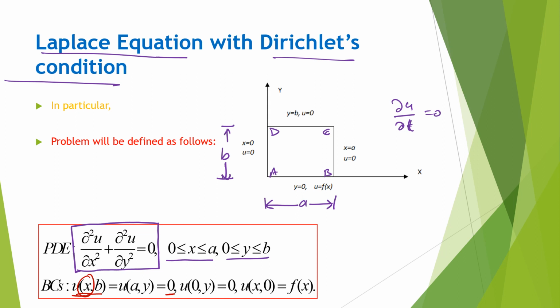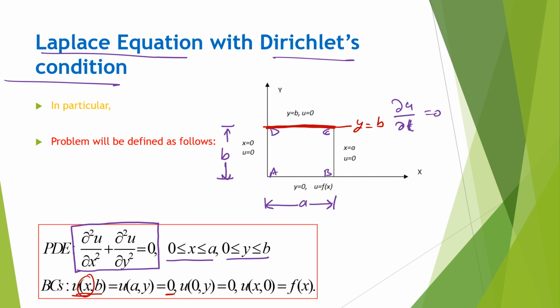So u(x, b), the value of y at b, means y is equal to b. So u(x, b) means we are discussing this edge, D to C. So at this edge the temperature is 0.